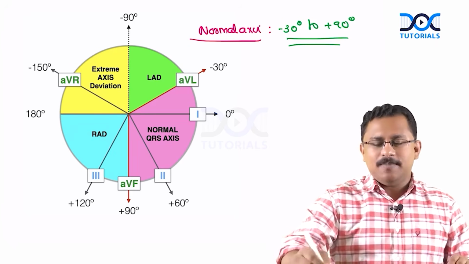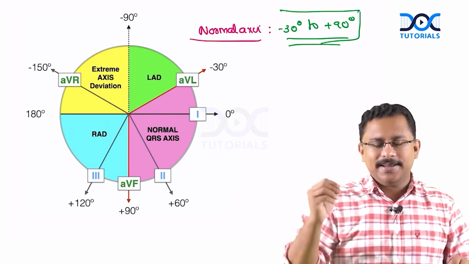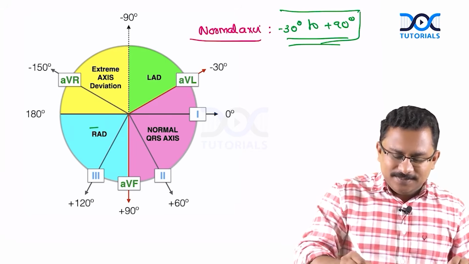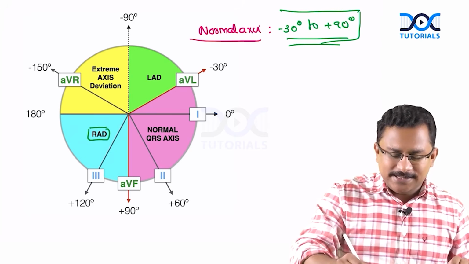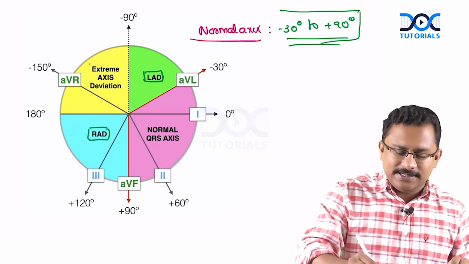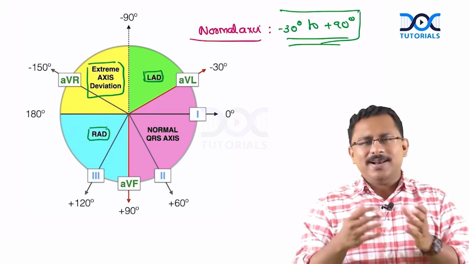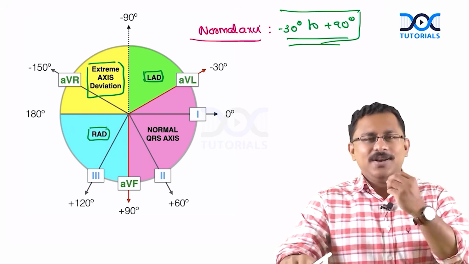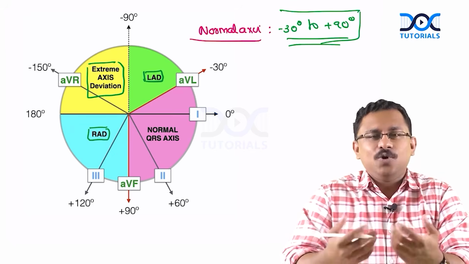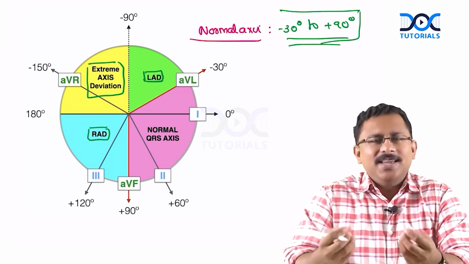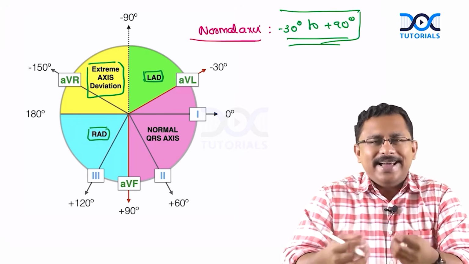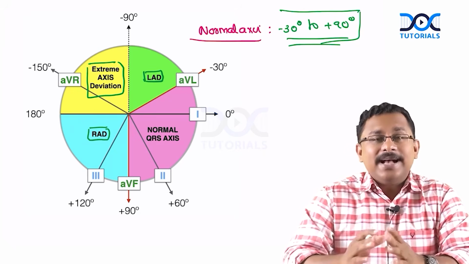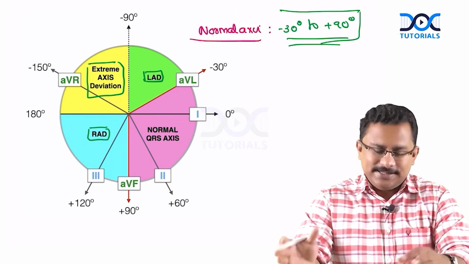For the time being, understand what a normal axis is: minus 30 to plus 90. Some books might give it as minus 30 to plus 110, but mostly 90 degree is followed as the normal cardiac axis. Abnormalities like right axis deviation, left axis deviation and extreme axis deviation we'll come to in a short while.